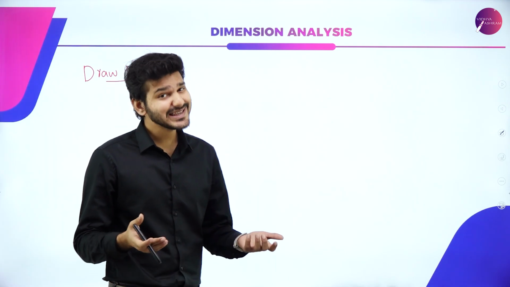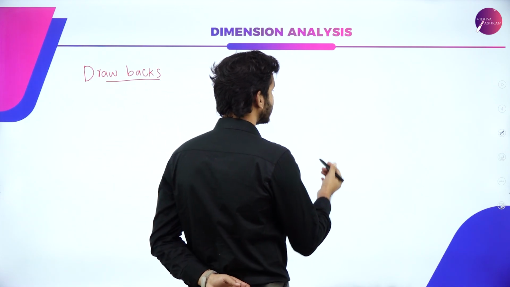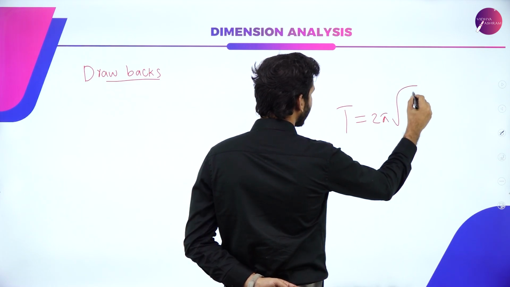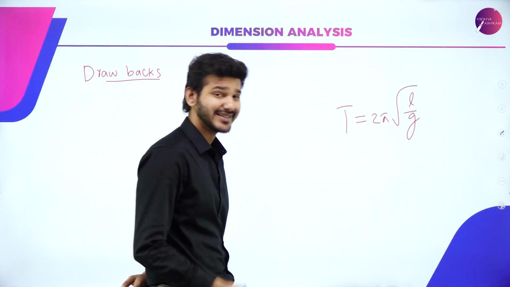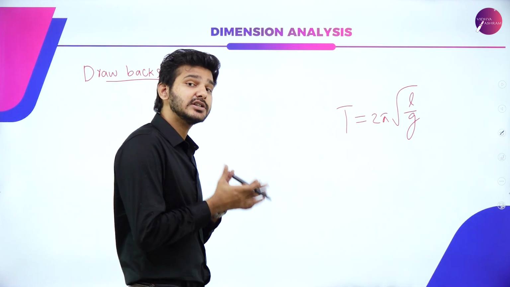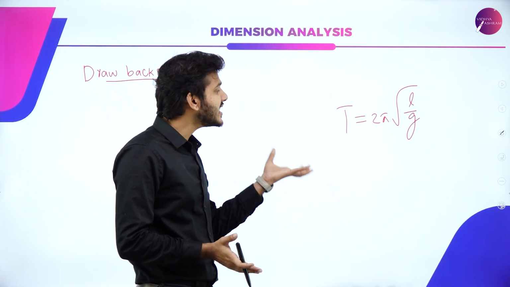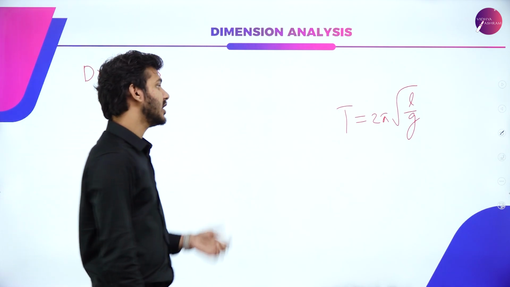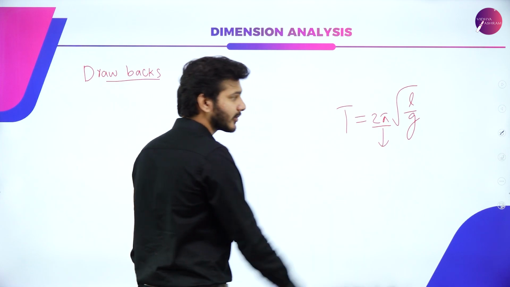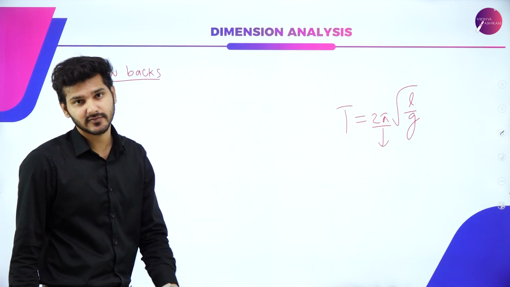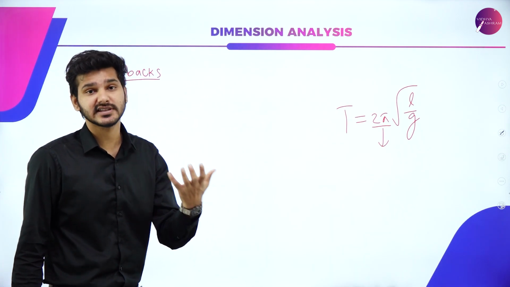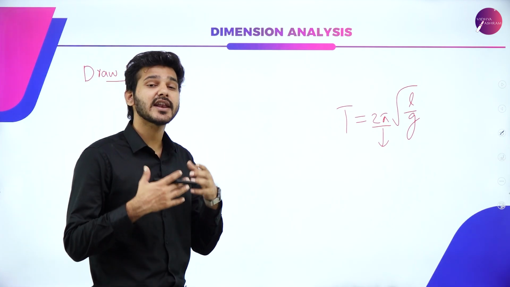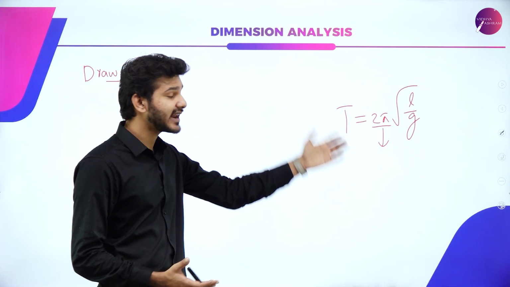The next problem is that if I write an equation like, let's say, T is equal to 2 pi root of L by G, then using dimensional analysis, we cannot figure out what exactly happens to this particular constant. If there are constants involved, if there are irrational numbers involved, or if there are trigonometric or exponential functions involved, we cannot analyze them using dimensional analysis.